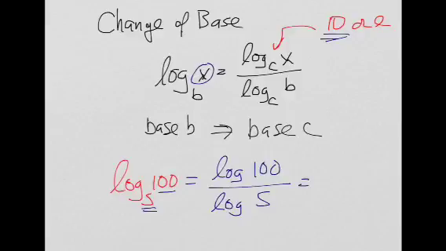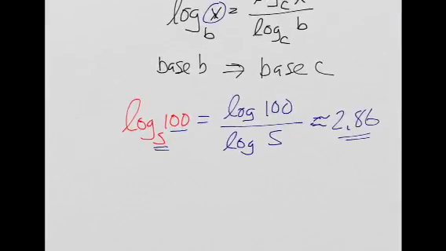And I will get about 2.86. Which means that 5 raised to the 2.86 is going to be about 100. Sounds good? 5 squared is 25. 5 cubed is 125. So it's going to be between 2 and 3, a little closer to 3.